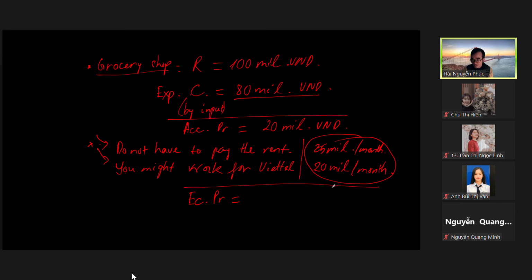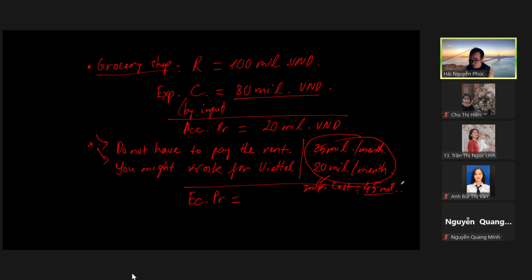Your implicit cost is going to be 45 million. It includes both the cost of rent and the foregone wage when you do not work for Viettel company. Understand the point?